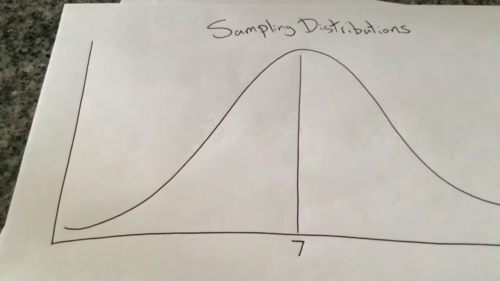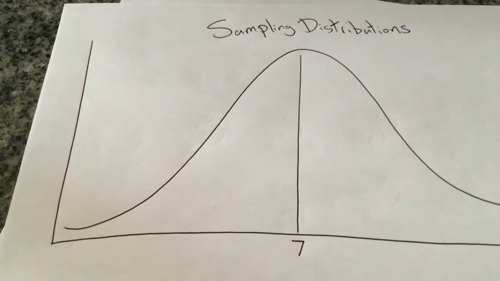So here's the deal. What we can say is that if we can determine the standard deviation of this distribution, and in this case it's actually not called the standard deviation, but it's called the sampling error or sampling variability, then we can determine how unusual getting a mean other than 7 is.